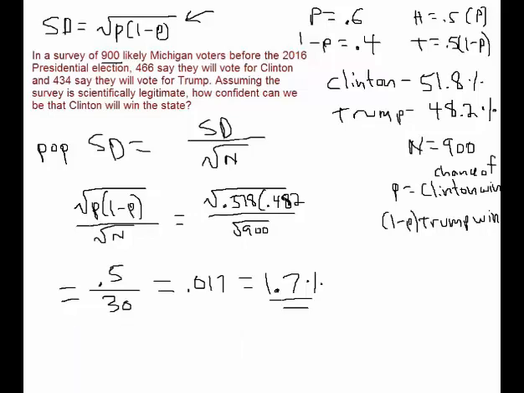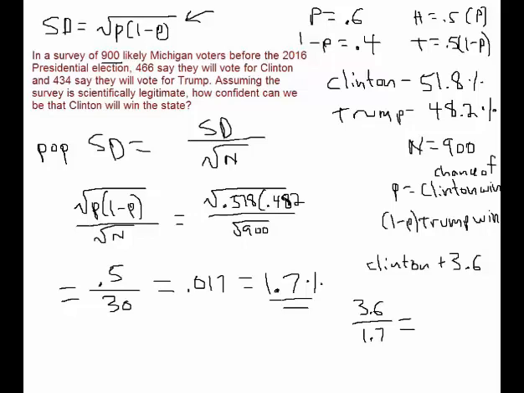Now, once we do that, we can look at how many standard deviations we have to be off. Our survey had Clinton up 3.6%. So if we want to know how confident we can be, let's see how many standard deviations we can be off without Clinton losing it. That means 3.6, which is what our survey said, divided by 1.7. I'll do this off screen.